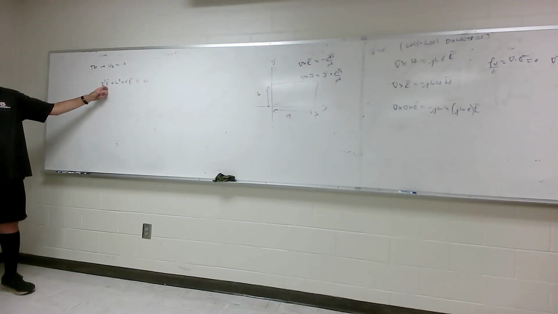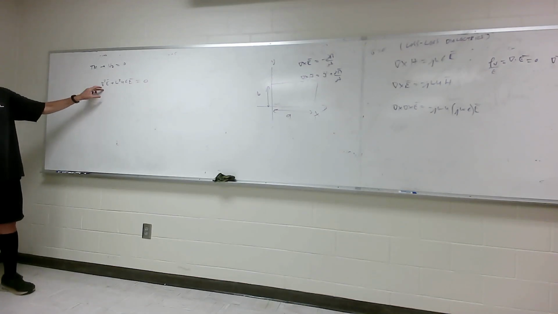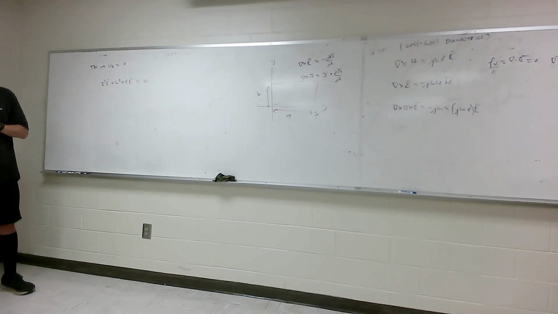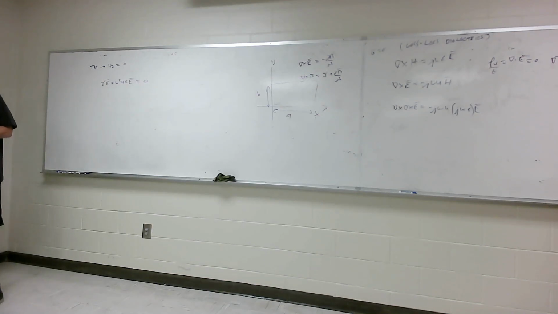This del squared operation for just the Ex component will have 3 different derivative components. It'll have second derivatives of Ex with respect to X, second derivatives of Ex with respect to Y, and second derivatives of Ex with respect to Z. That's just for the X component of E. So if there are 3 components, there would be 9 differential equations that would be coupled.